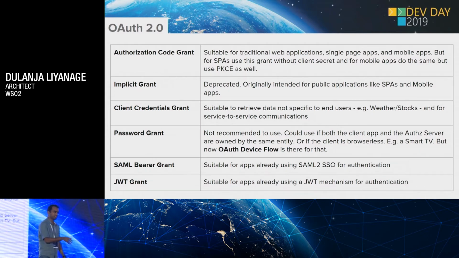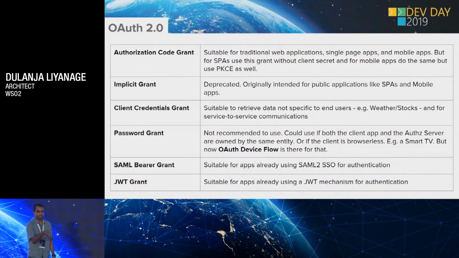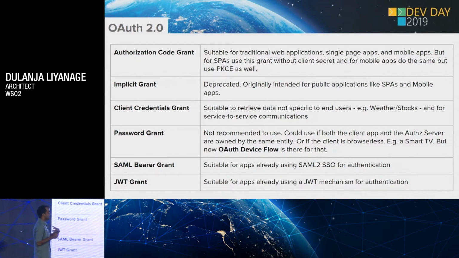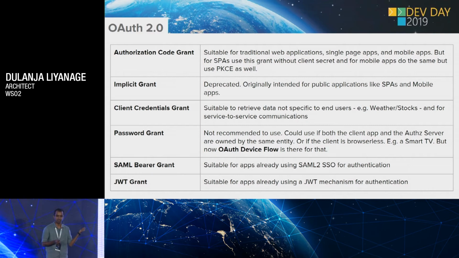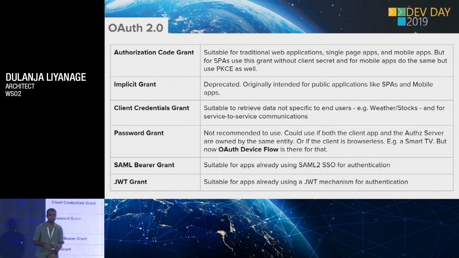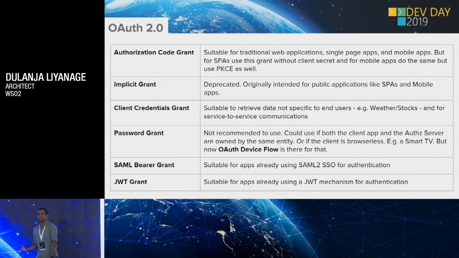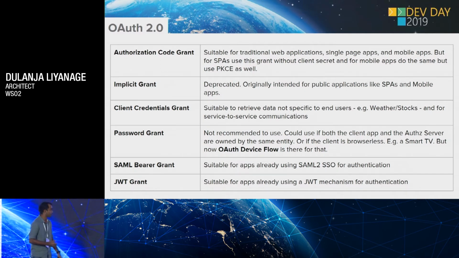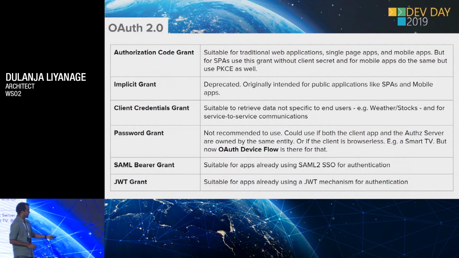You are giving the credentials to that one entity, so that should be fine. Also there are cases where there are clients without browsers, like smart TVs. In that case, this is what was used previously, but now OAuth has come up with something called OAuth Device Flow for smart TVs and similar devices where browsers are not supported.